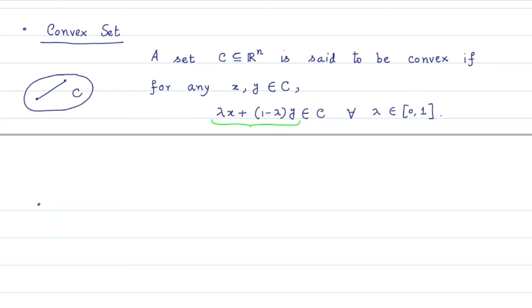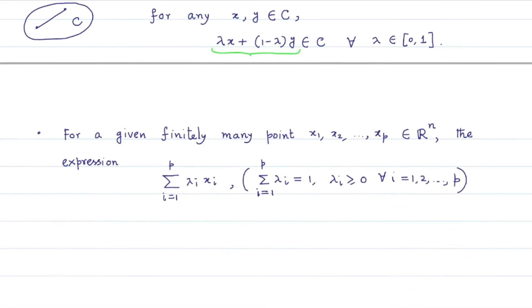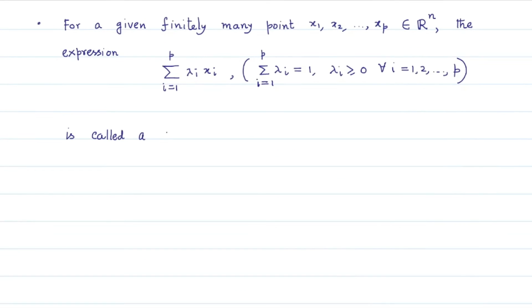For given finitely many points, say x1, x2 till xp in R^n, an expression of the type summation lambda_i times x_i for i equal to 1 to p, where the lambda_i's are real numbers, all of whose sum is equal to 1 together with all lambda_i's being non-negative, is called a convex combination of the points x1, x2 till xp.